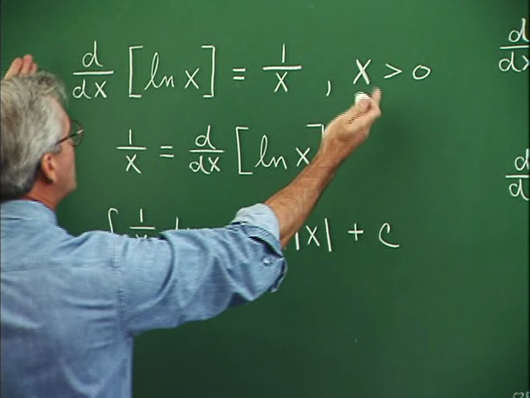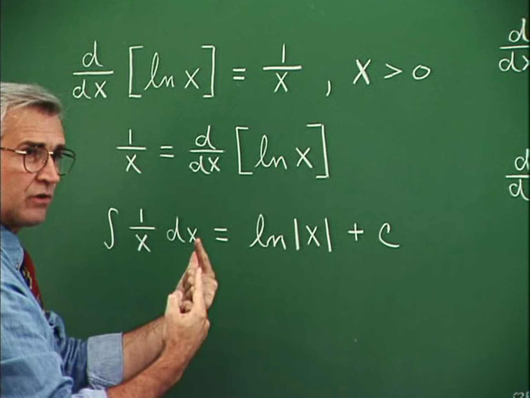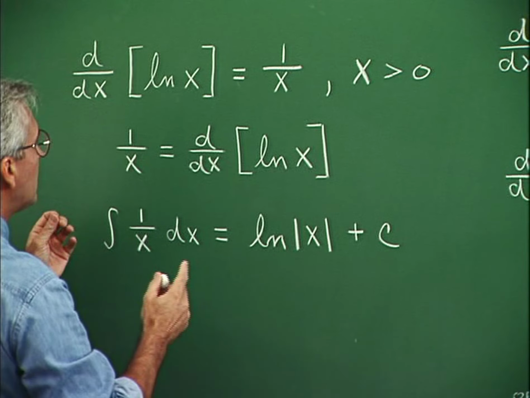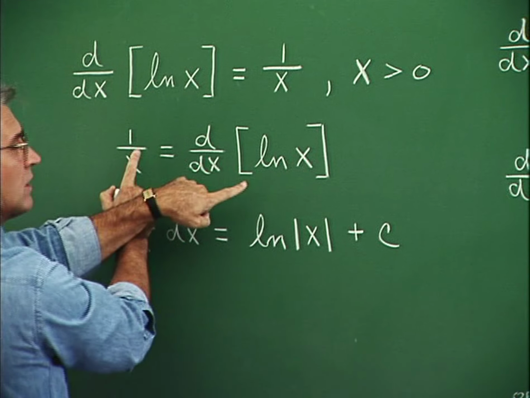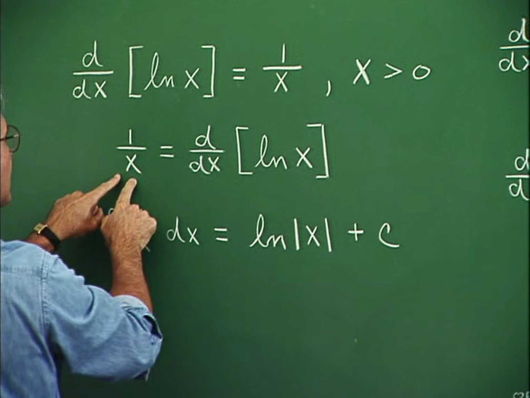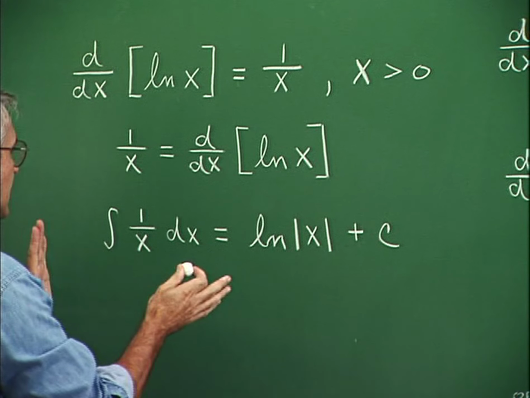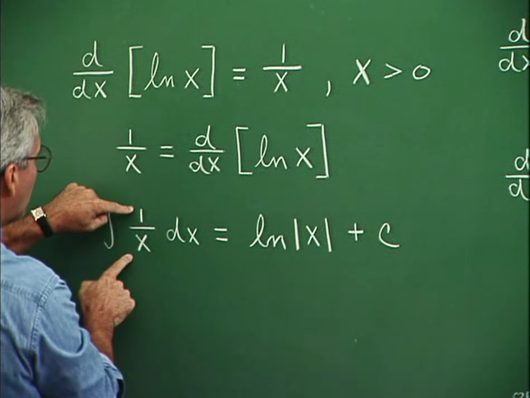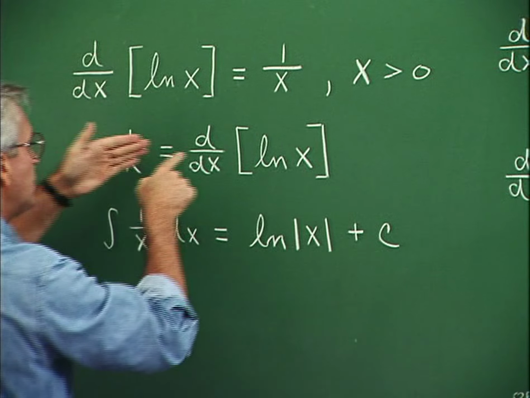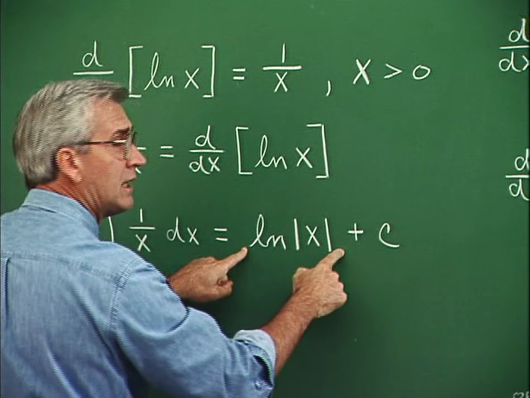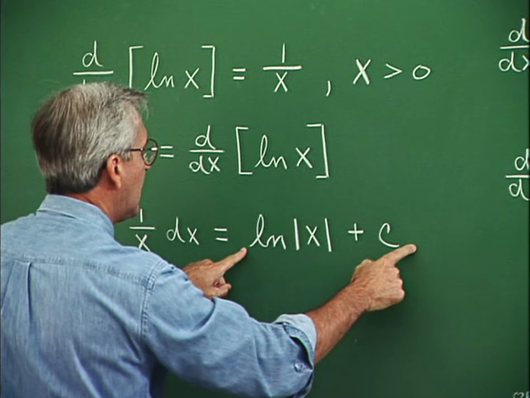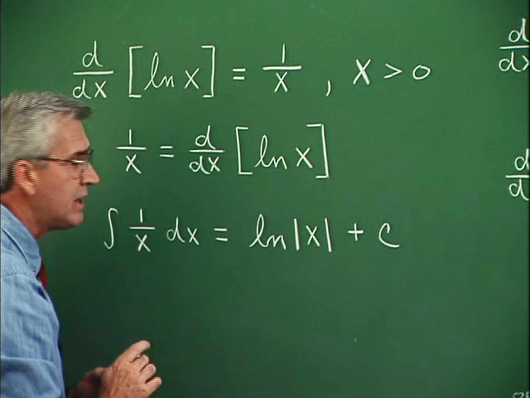Anyway, we take this situation and work it in reverse in order to integrate. I'm writing these on opposite sides, so we have 1 over x equals the derivative of ln x. Now let's integrate on both sides. The integral of 1 over x dx, now undo the derivative, gives us ln |x| plus a constant. Notice the absolute value here.